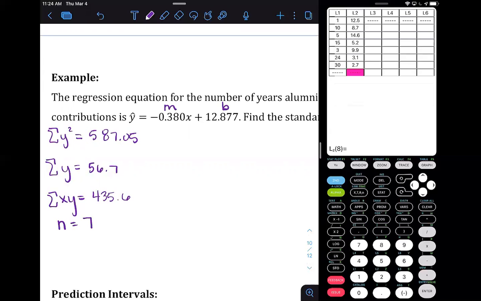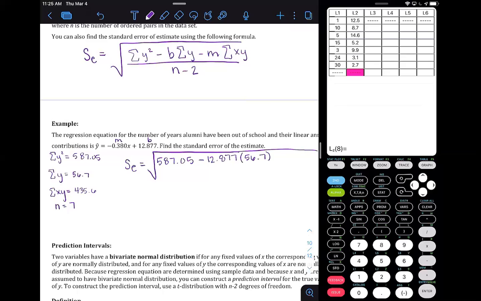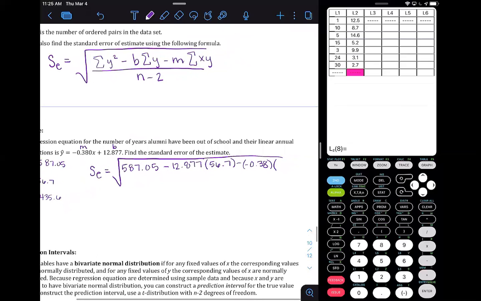And then we're going to plug in. So our formula, S sub E equals the square root of 587.05 minus our value for b, 12.877, times 56.7, minus our m, which is our negative 0.38, times 435.6.